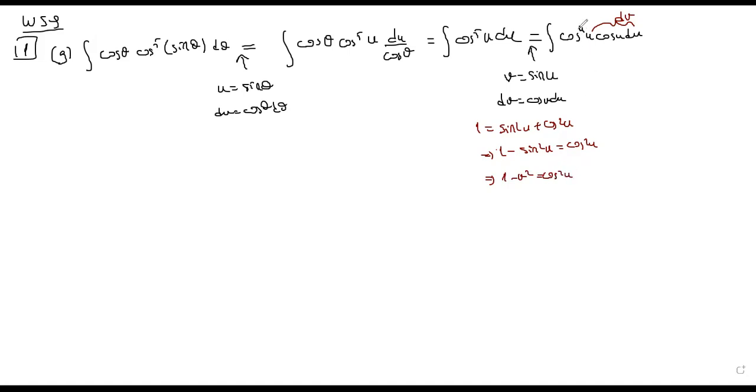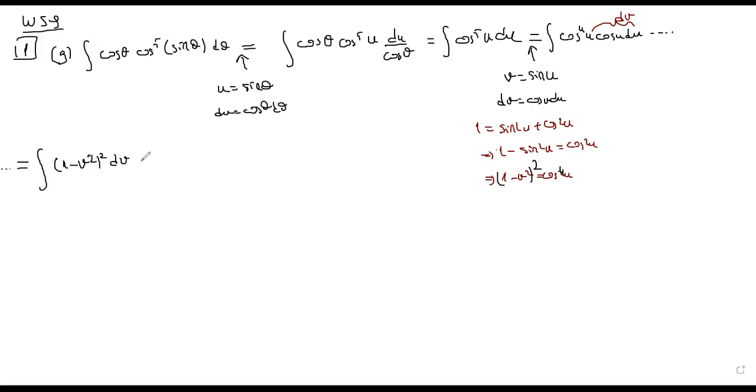But we have here cosine to the 4. So what do we get? If we take the square of that, we will have cosine to the 4, right? So what do we have? Cosine to the 4 is equal to 1 minus v squared squared, right? dv we have, right?